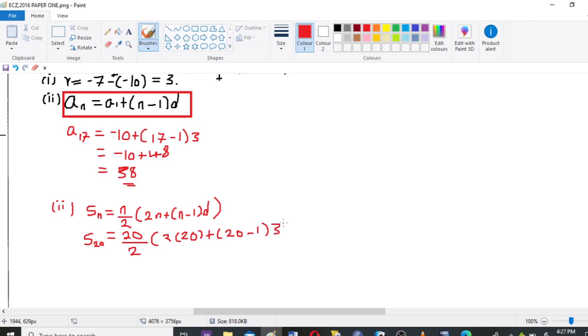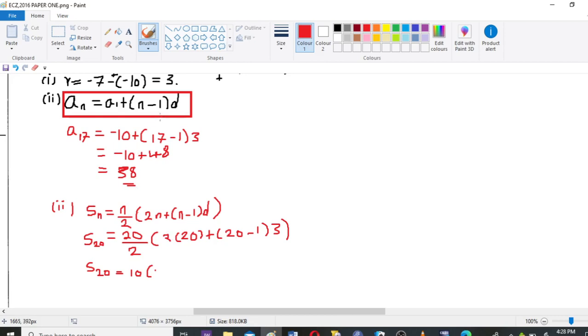Now d is our common difference, which is 3, as you can see. So here we're going to have 10, we open a bracket there.